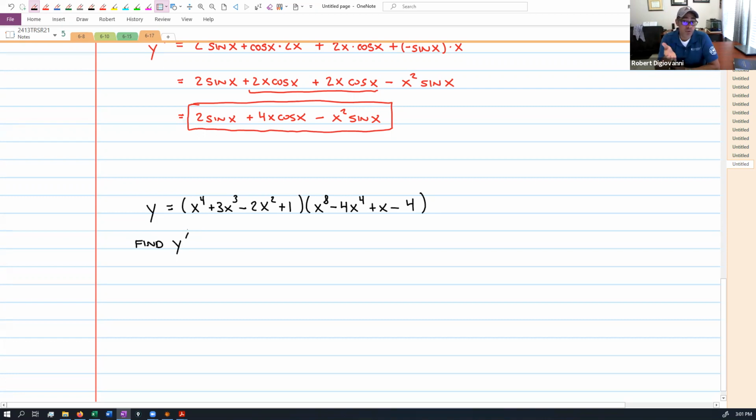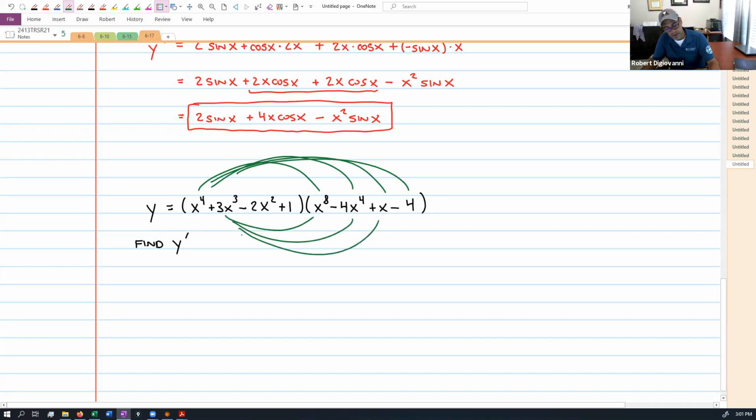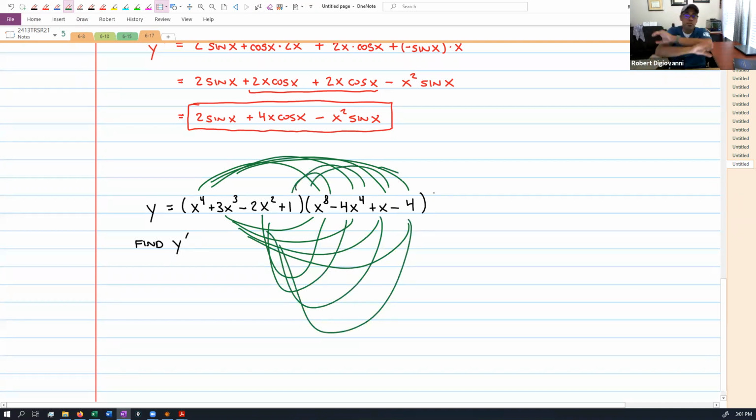Now, one thing you could do at this point is multiply all this out. What I mean is you could multiply each term in the first factor by each term in the second, then collect like terms together, and then take the derivative of each one separately, because you just have a bunch of pluses and minuses between them.